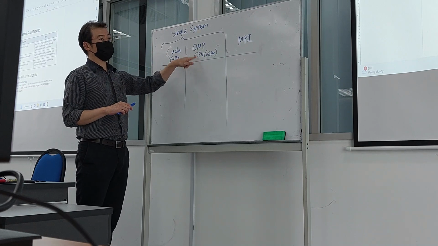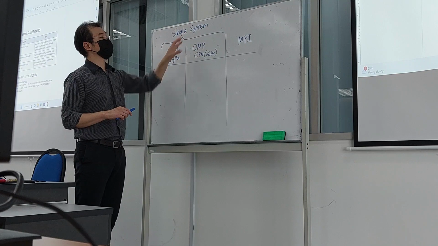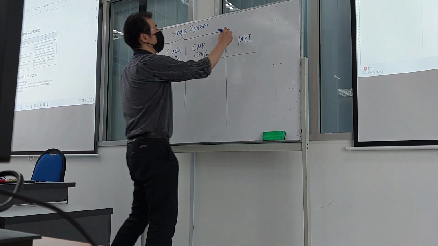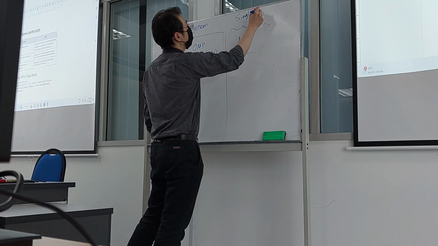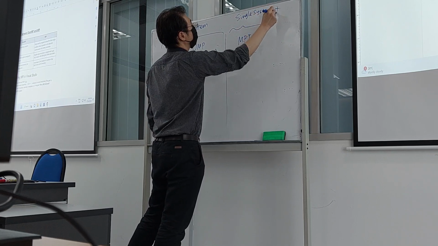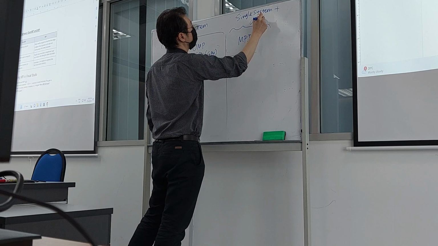OMP can take advantage of all that, but it must be in a single system. Whereas MPI can support a single system, but it can also support a distributed system as well.